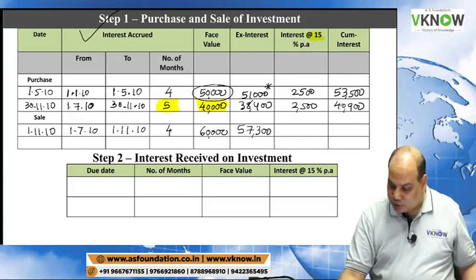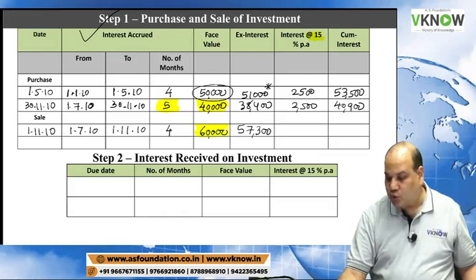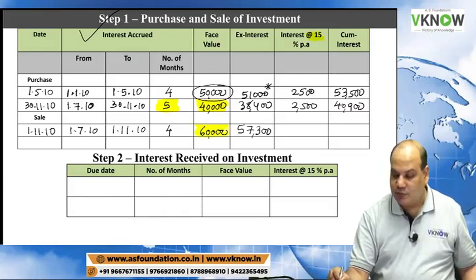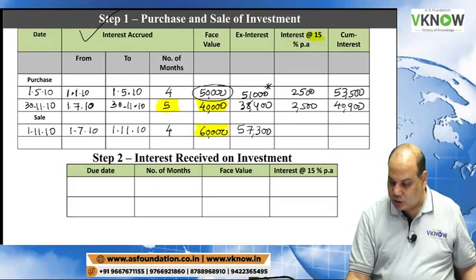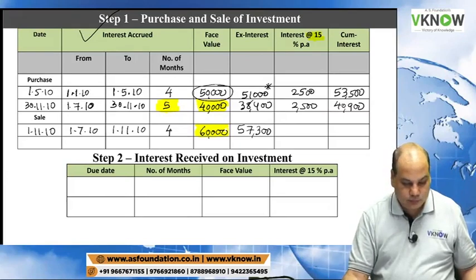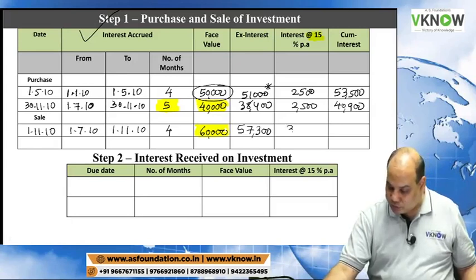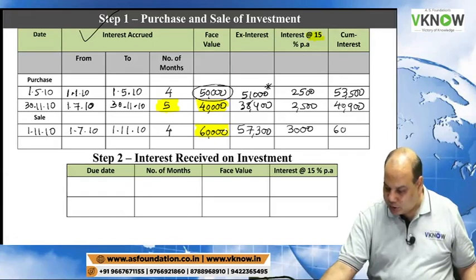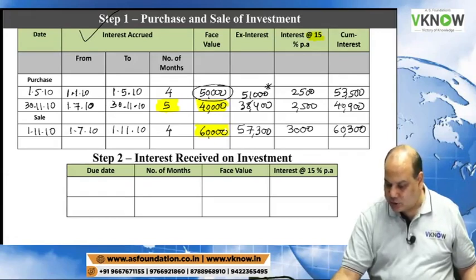So now you calculate 60,000 into 15% into 4 by 12. So that comes to 3,000 rupees. Add 3,000, so that will be 60,300.